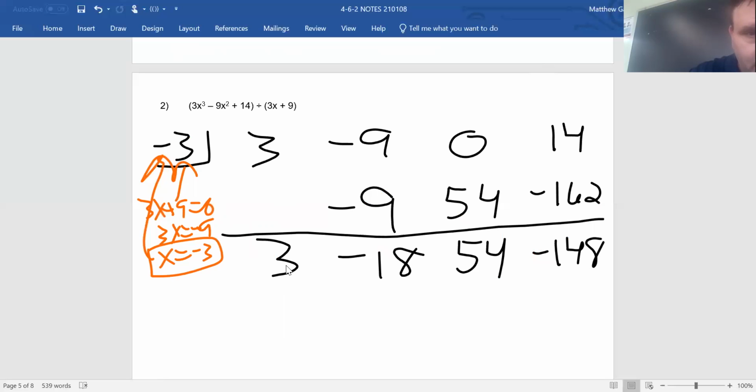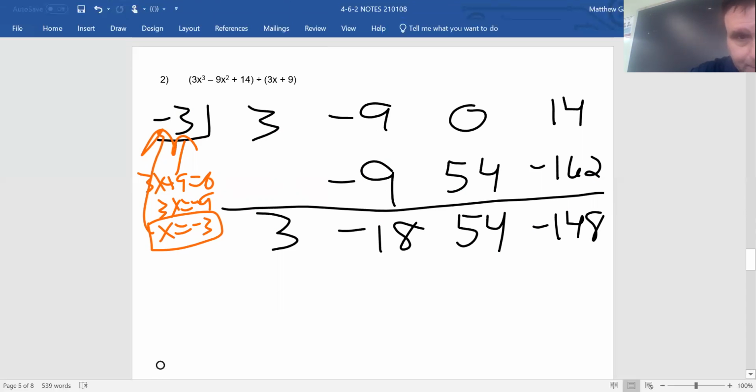Then drop the 3 times -3 is -9. Add vertically. We get -18 times -3 is 54. Add it to 0 is 54. And the numbers do get kind of large here. 54 times -3 is -162. And then -162 added to 14 is -148.